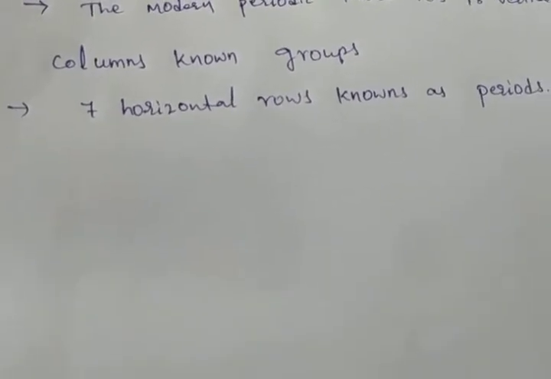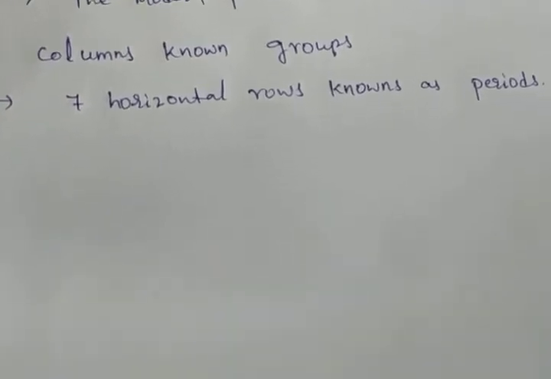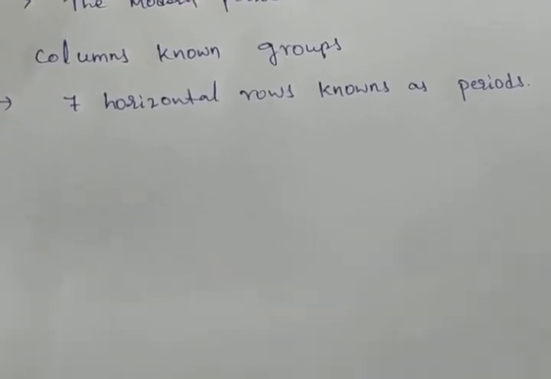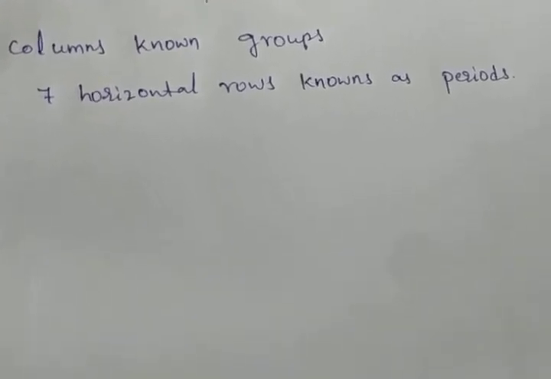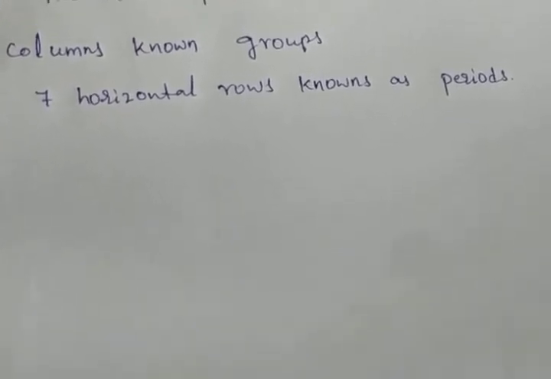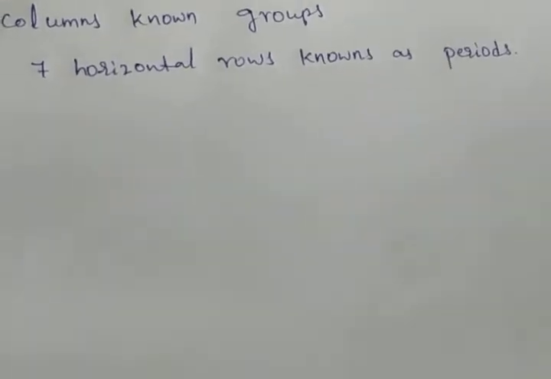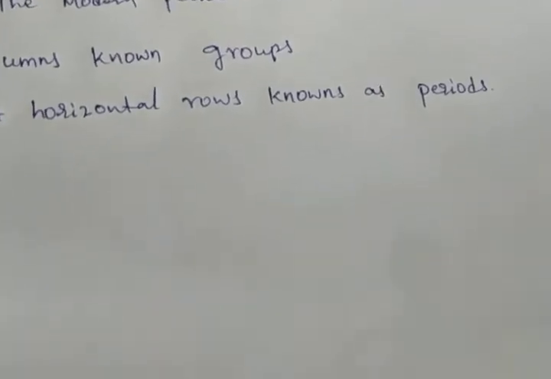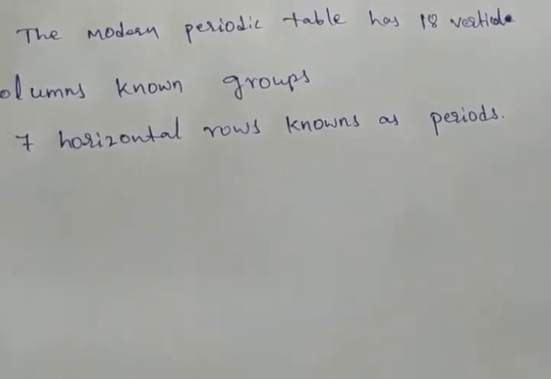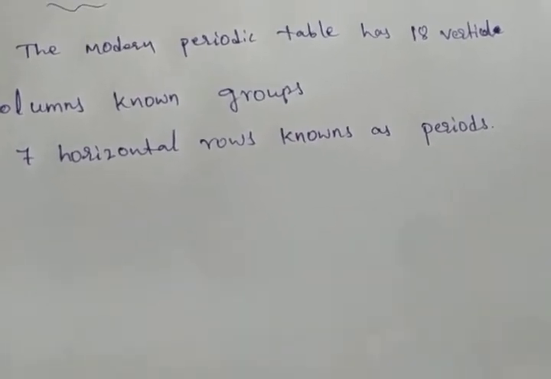Lithium, sodium, potassium, rubidium, cesium, francium. We name the elements present in it and write down the electronic configuration of the first 3 elements of group 1.